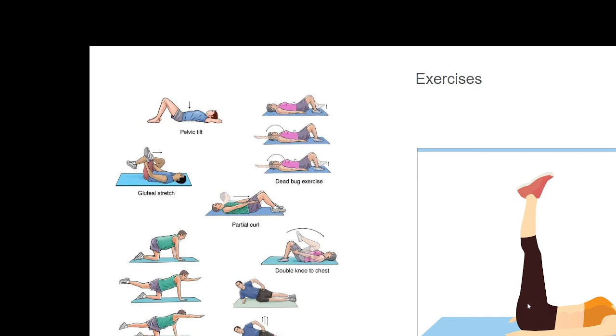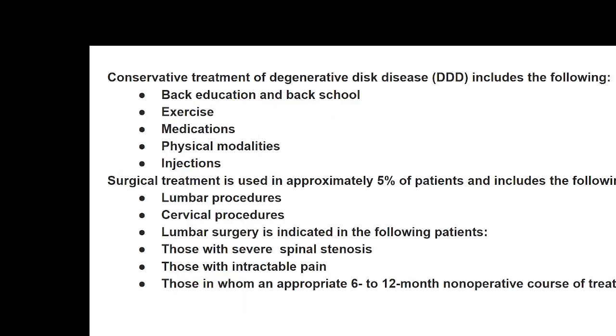Initially, if the patient is able to raise the leg only to 10 to 15 degrees, and then after or during the treatment the patient can raise the leg up to 60 or 70 degrees, then we can say that yes, our treatment is really benefiting the patient. So it also has prognostic value, and the clinical assessment is also done by that. And once the patient is able to raise the leg up to 90 degrees, we can say that the facet compression, radicular compression is relieved completely. So that's how it is done.